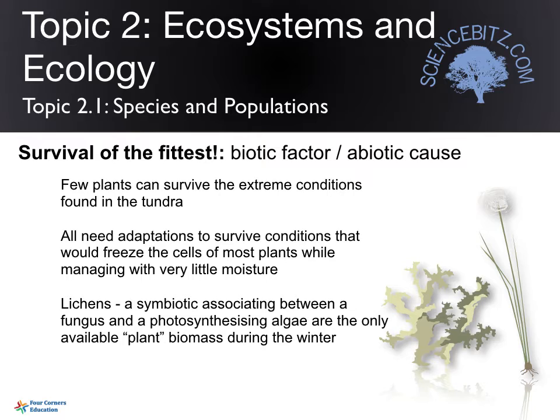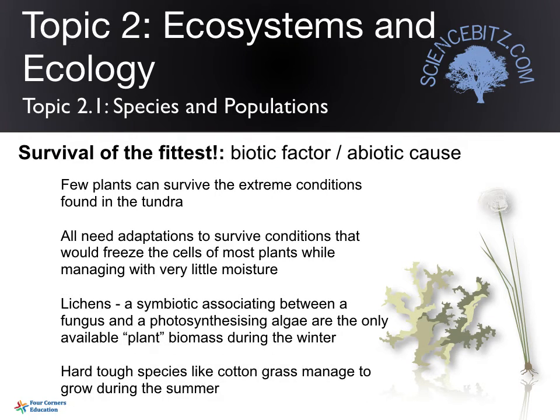So they photosynthesize when there's enough light available, but at other times the fungus part of the association actually provides the nutrients through decomposition. Of the plants that actually do grow in the growing season, well, all of them are made up of very hard, tough grasses, basically.